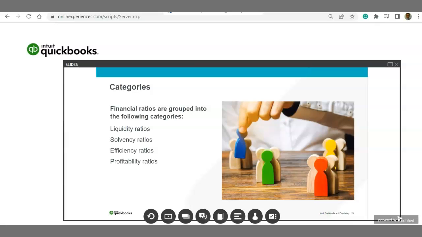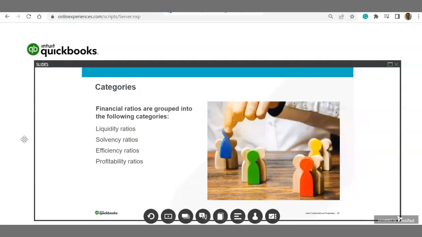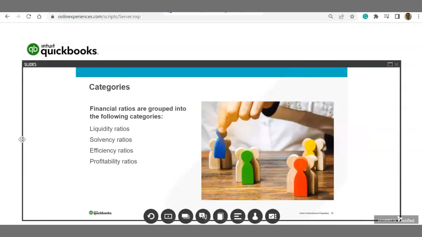You can see that I have on screen here, there are four main categories. There are liquidity ratios, solvency ratios, efficiency ratios, and profitability ratios.